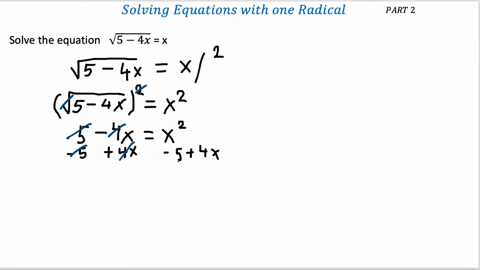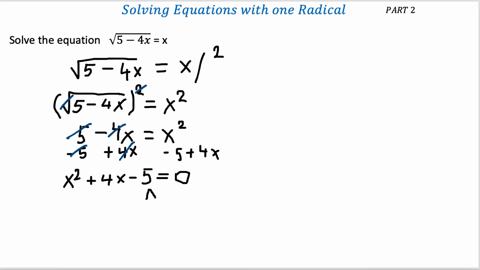I'm going to add and subtract respectively here, and what we're going to get is the quadratic equation, which looks like x squared plus 4x minus 5 is equal to 0. And now if we look here, this is factorable, so I don't have to use, for example, the quadratic formula, so I can do it very easily.